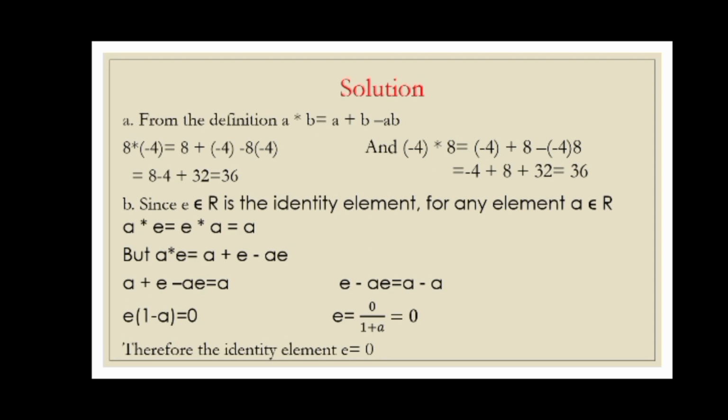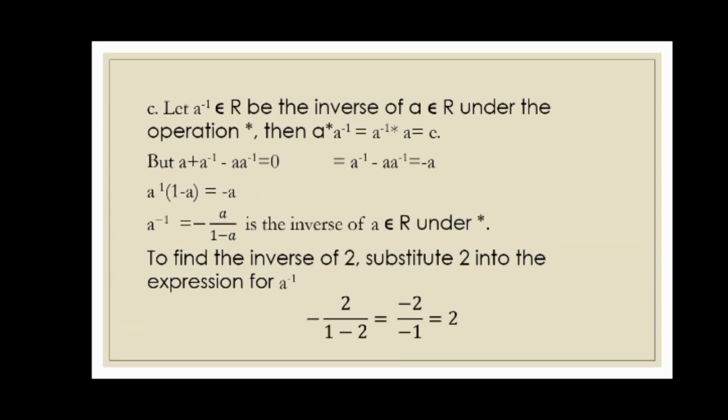Okay, this brings us to our next question. We have to determine the inverse. That's the C part. Determine the inverse under the operation star of a general element A belonging to R, and state which element of R has no inverse. Find the inverse of 2.